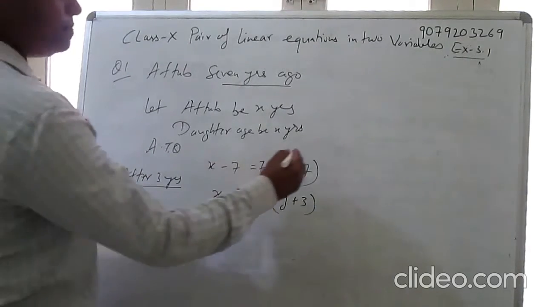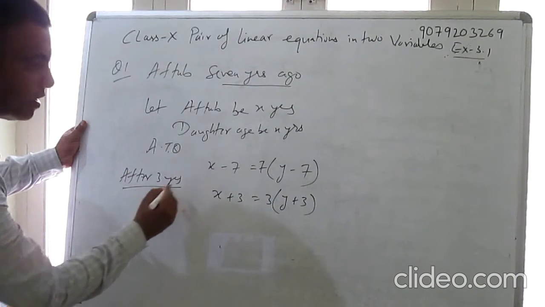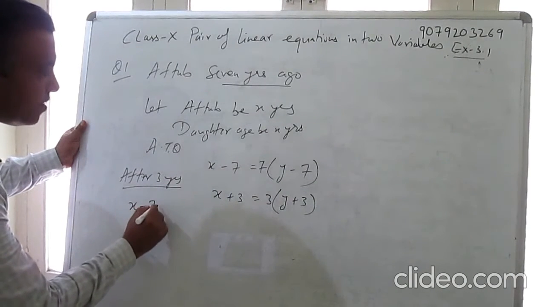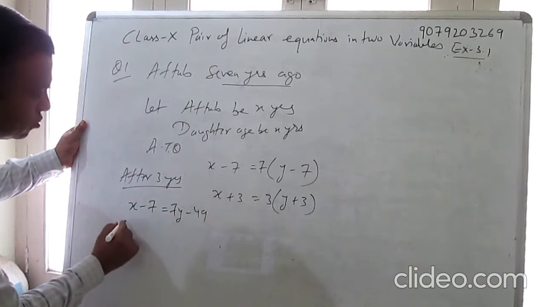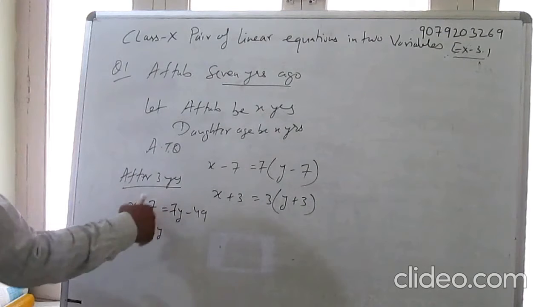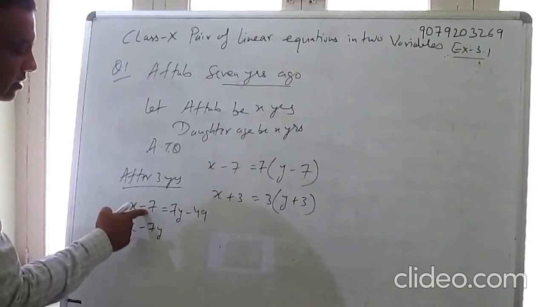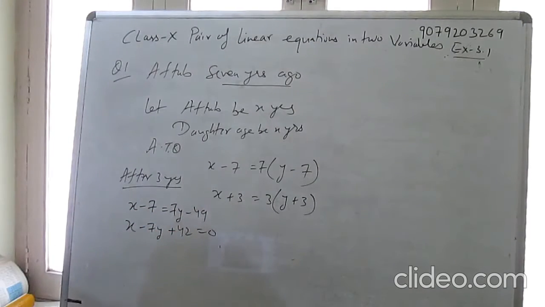Now see here, x minus 7 is equal to 7y minus 49. Turn y to this side: x minus 7y, and 49 minus 7 becomes plus 42, is equal to 0.